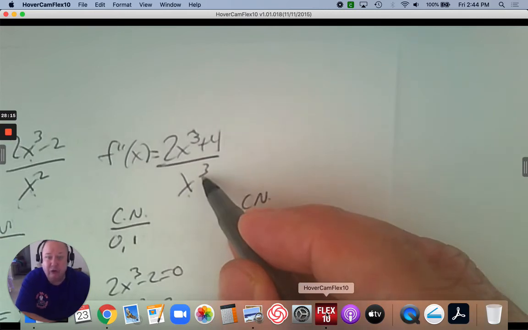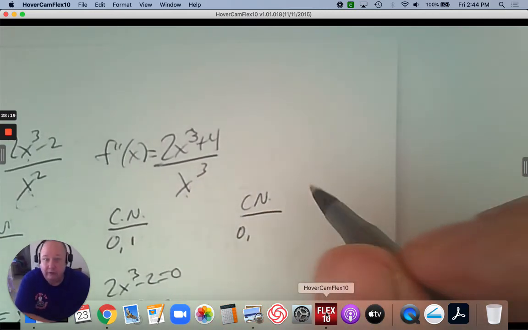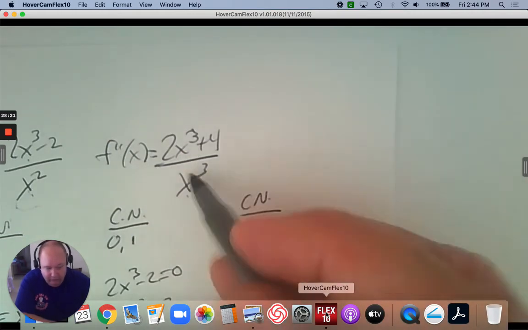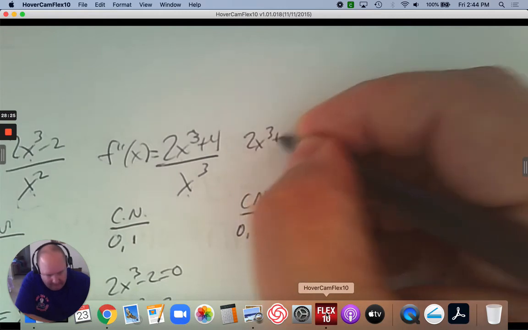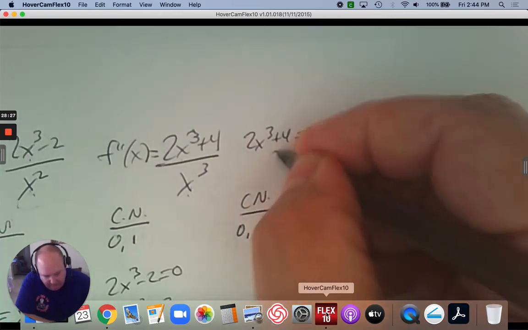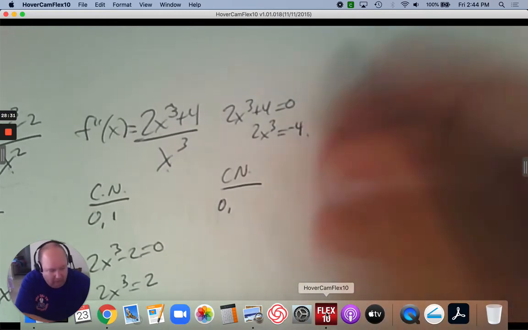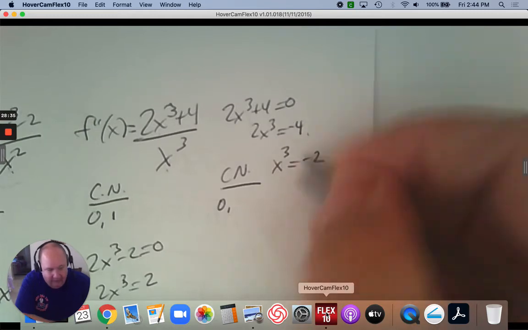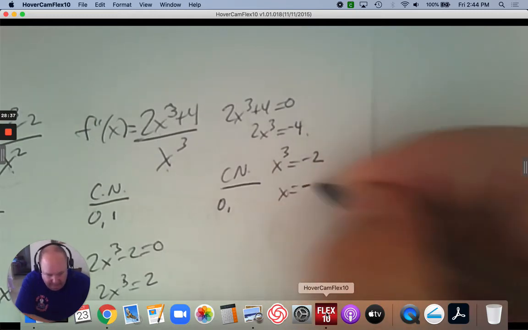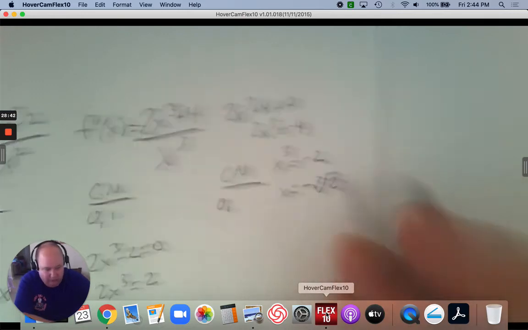All right, how about for the second derivative? So x cubed in the denominator, again, 0 is a critical number to look at. Here, take the numerator, make it equal to 0. So we're going to subtract 4, divide by 2. And then when I do the cube root, again, it's the cube root of negative 2 or negative cube root of 2.